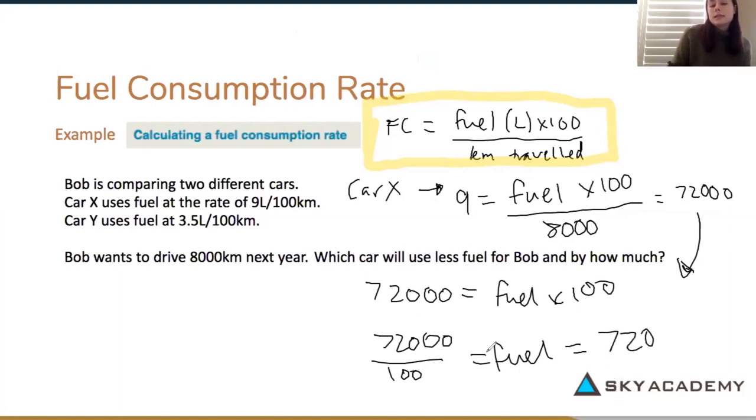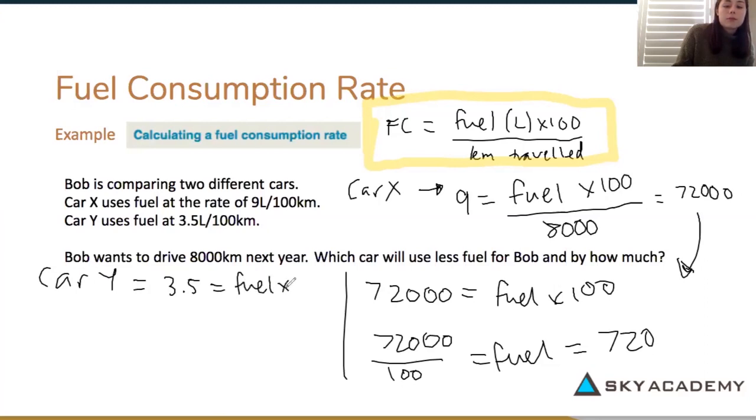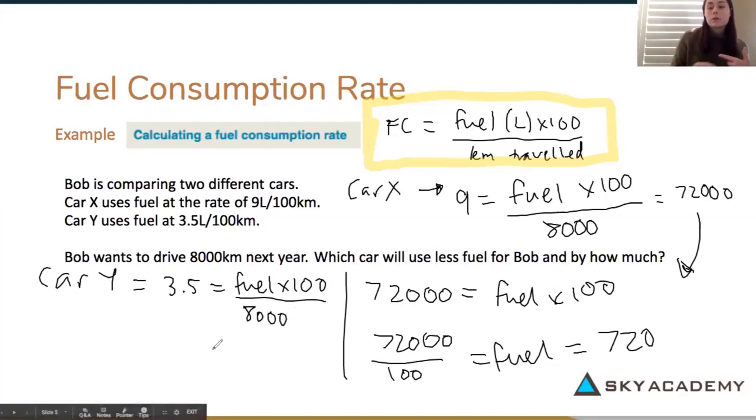So now I'm going to do the exact same thing, but for car Y, which equals 3.5 fuel consumption, equals fuel times 100 over still the same kilometres, 8,000. So everything's the same except we're just swapping out the fuel consumption for the two different cars.